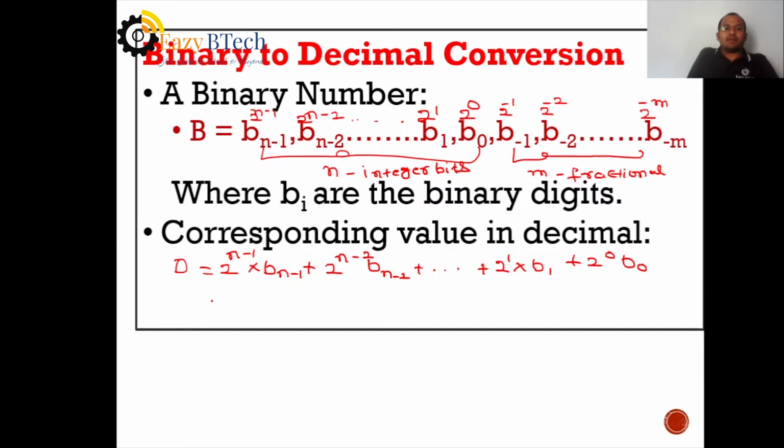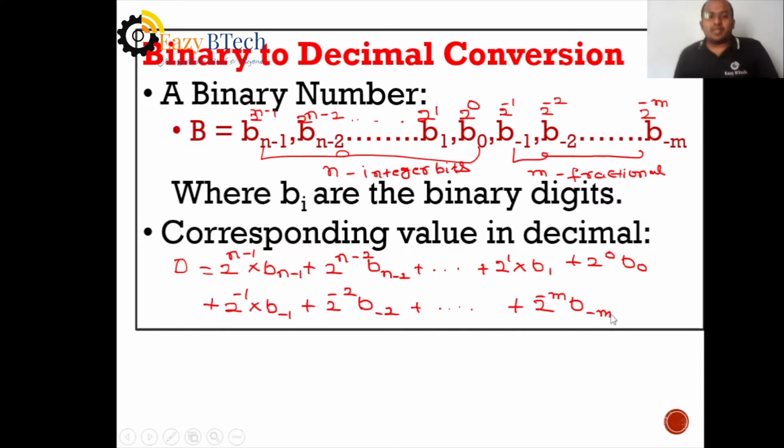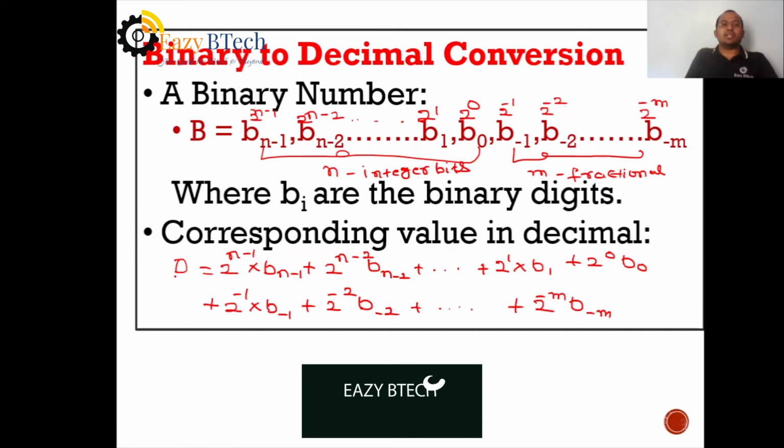For the fractional part, we have negative weights: 2 power minus 1 into b(minus 1), plus 2 power minus 2 into b(minus 2), and so on, plus 2 power minus m into b(minus m). We multiply the corresponding bit value with the corresponding weight, and sum all those values. We will get the corresponding decimal equivalent of the given binary number.